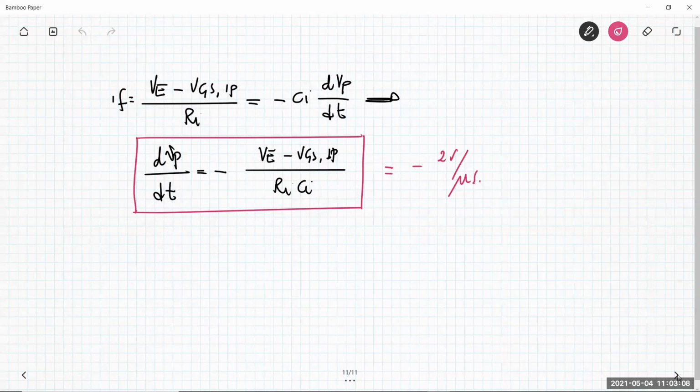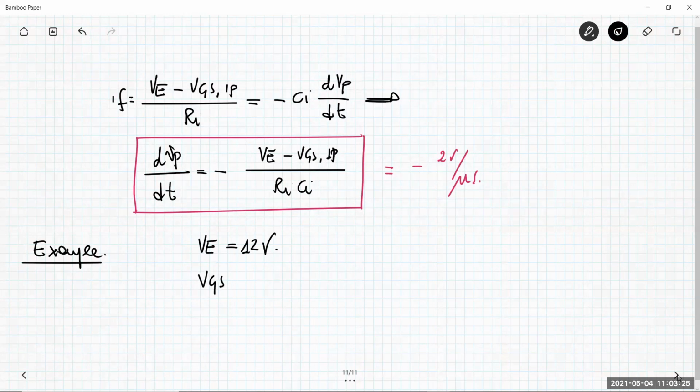For example, let me just put numbers. Consider that my VE is 12 volt, which is basically a standard voltage for turning on a power MOSFET. Supposing that VGS IP, which is the voltage VGS at a drain current of 10 amp, is 5 volt.